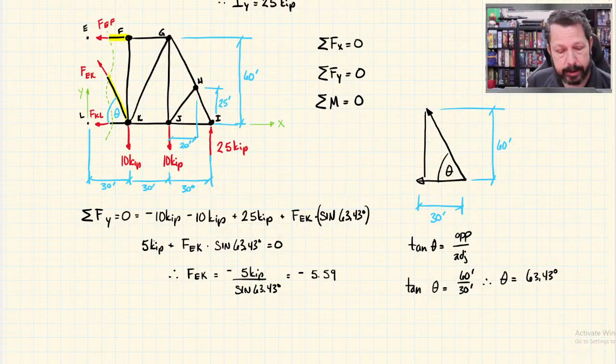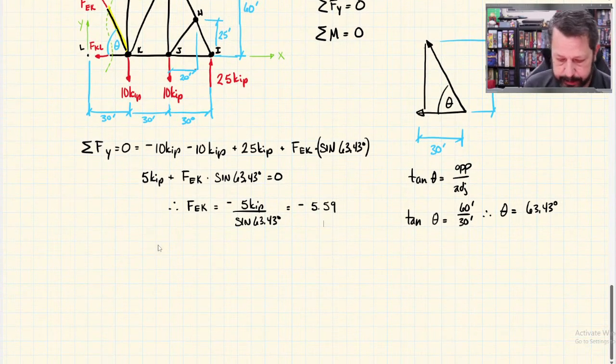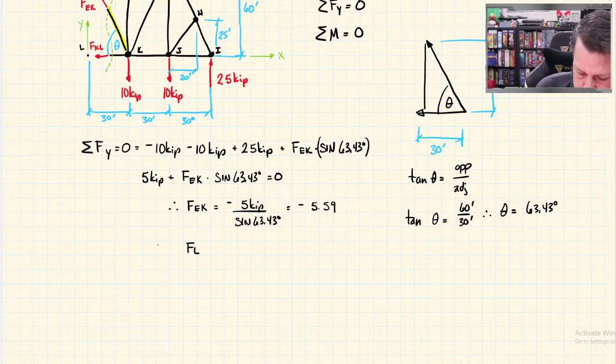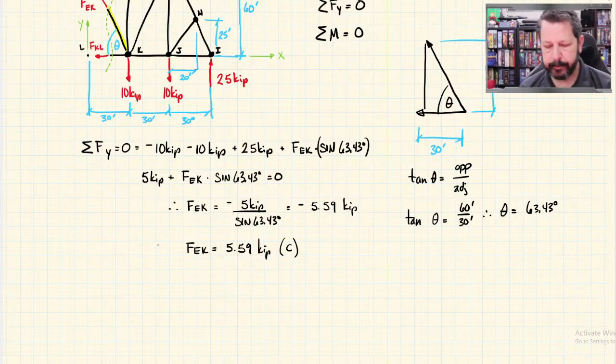If it did that, it would be pointing towards the member EK, which means it's a compressive force. So the right way to write this would be FEK equals 5.59 kips, and then I'd write something like that for signifying that it's in compression.